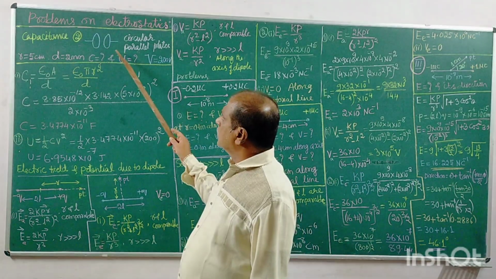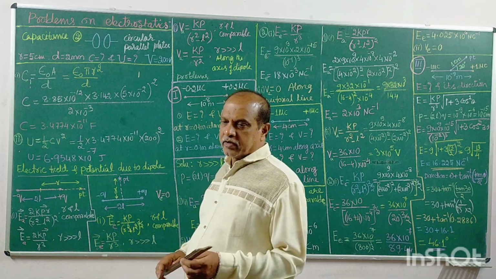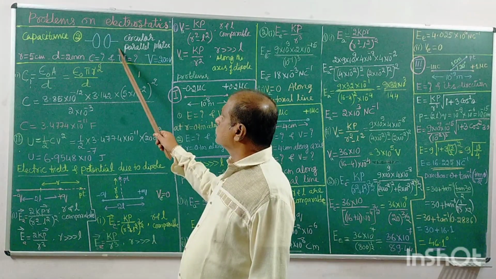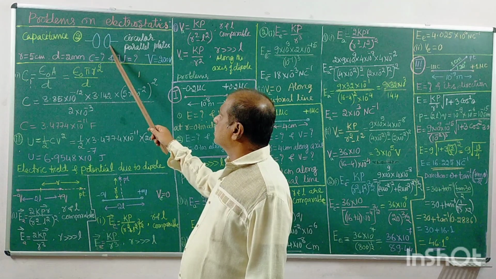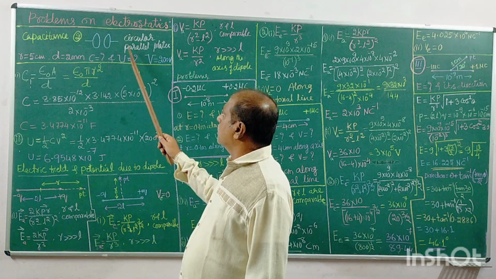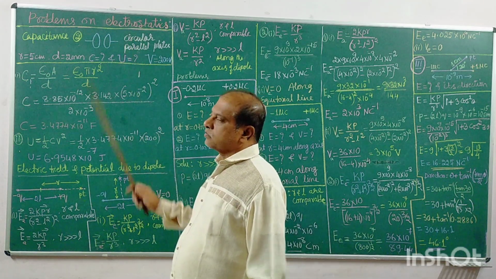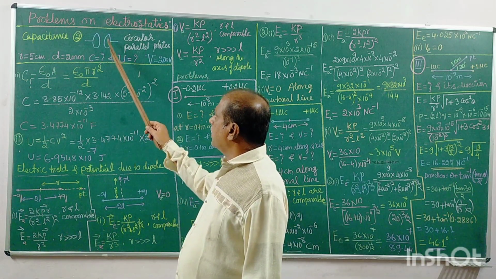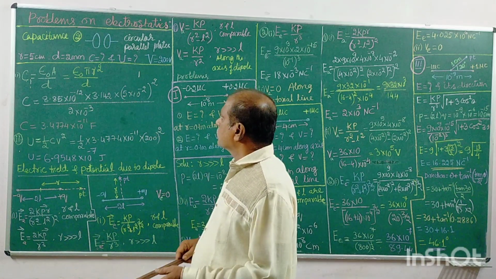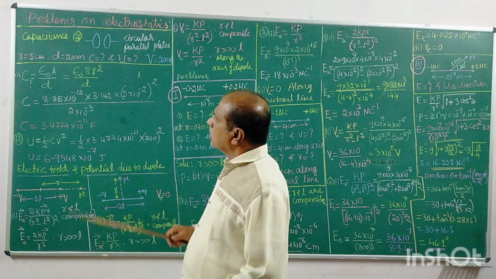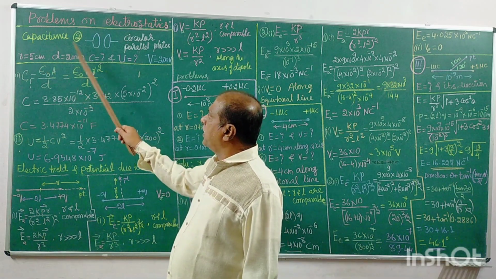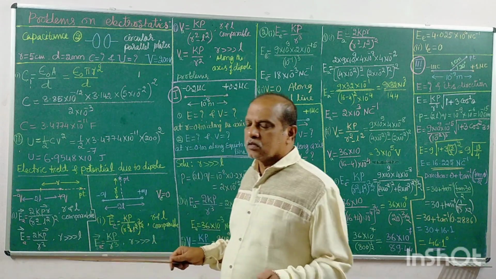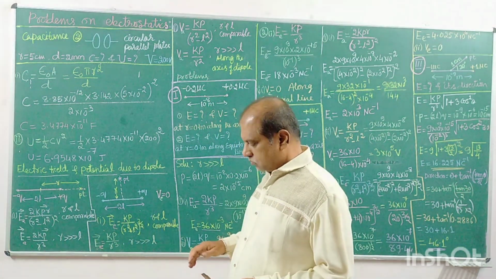Here, on the basis of the given data of the problem, it is drawn. This is a circular parallel plate capacitor. Both the plates have the same shape and size.